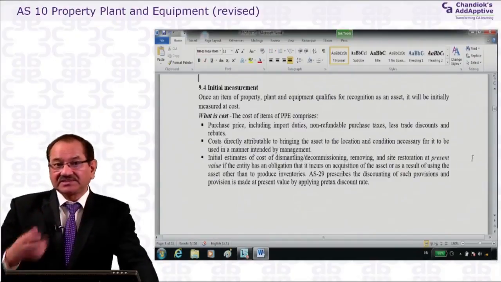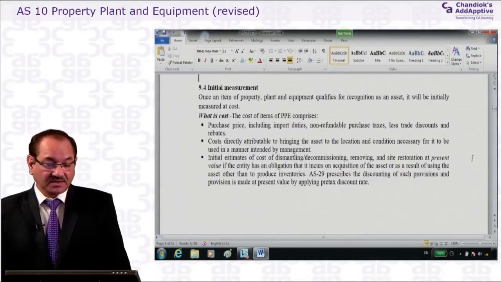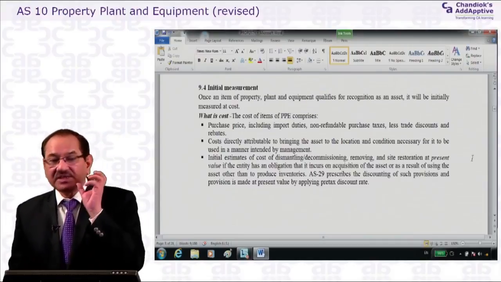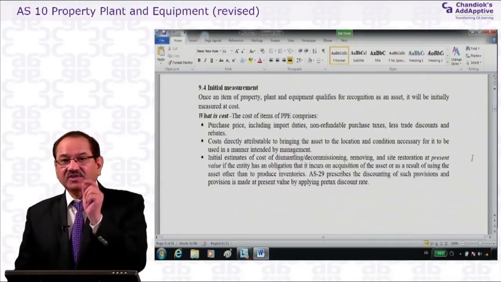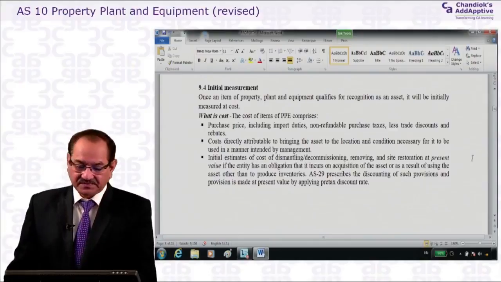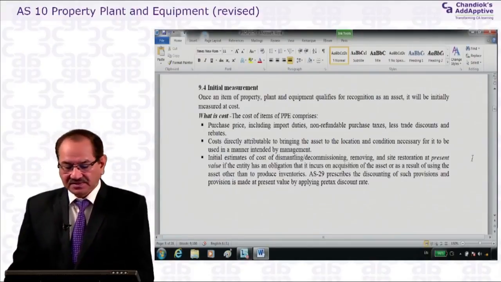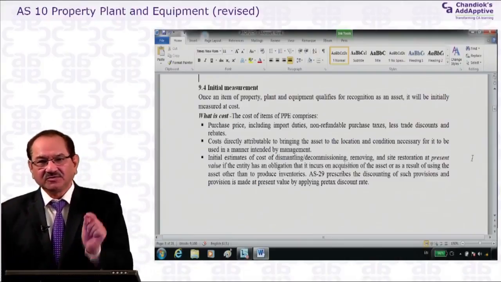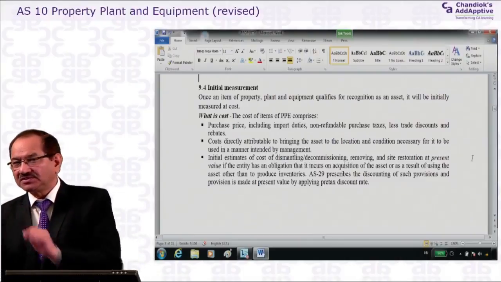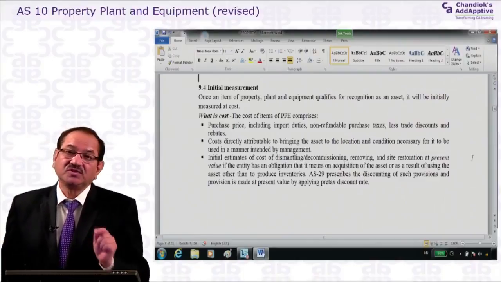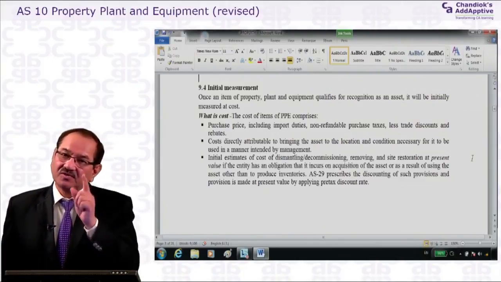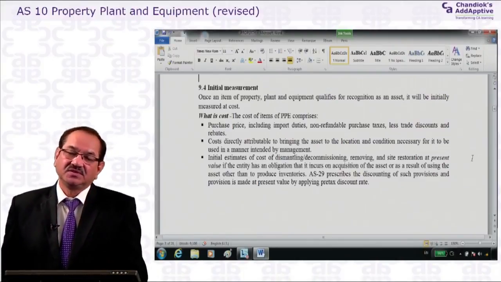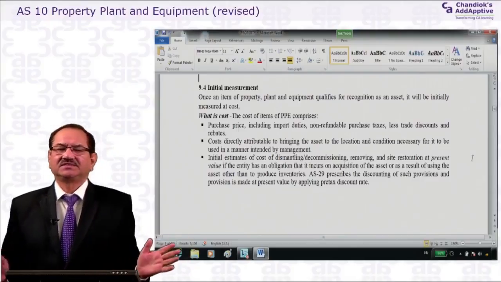and it is the same as the earlier standard was saying, once an item of property, plant and equipment qualifies for recognition, those two conditions, as an asset, it will be initially measured at cost. It will be initially measured at cost, meaning the cost which you have incurred. You have incurred only 30 lakhs, so you will write it at 30 lakhs.